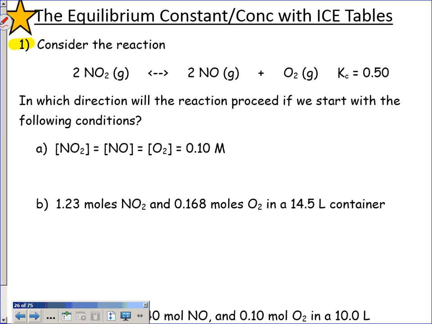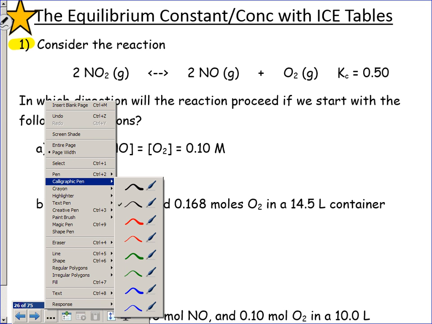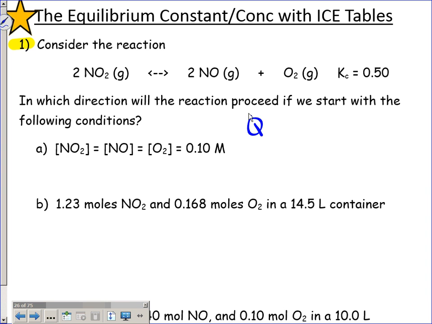So for an example like this, walk me through it. How would I determine which way it proceeds? Go ahead, Jacob. You find Q, you have to set down Q's concentration, right? Q equals the concentration, I know it's just squared.